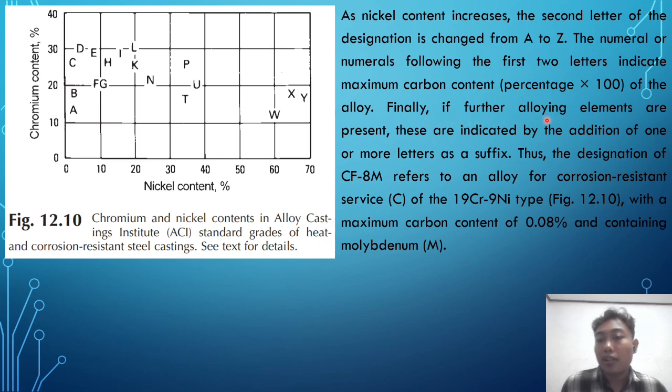Finally, if other alloying elements are present, they are indicated by the addition of one or more letters as a suffix to the designation. CF-8M refers to the alloy with a maximum carbon content of 0.08% and a content of molybdenum. This is Figure 12.10.